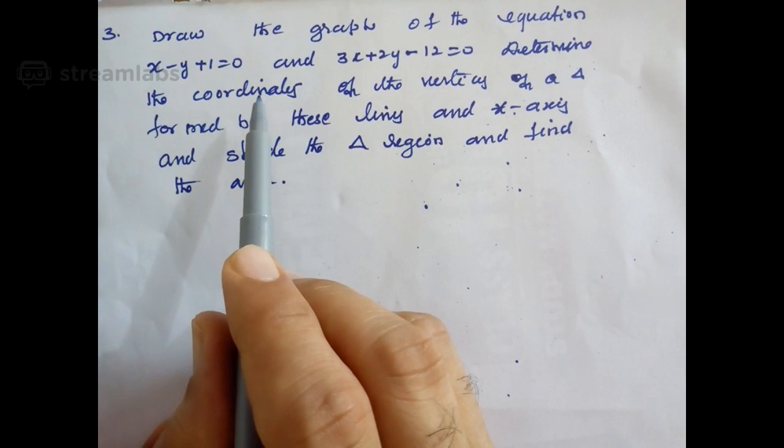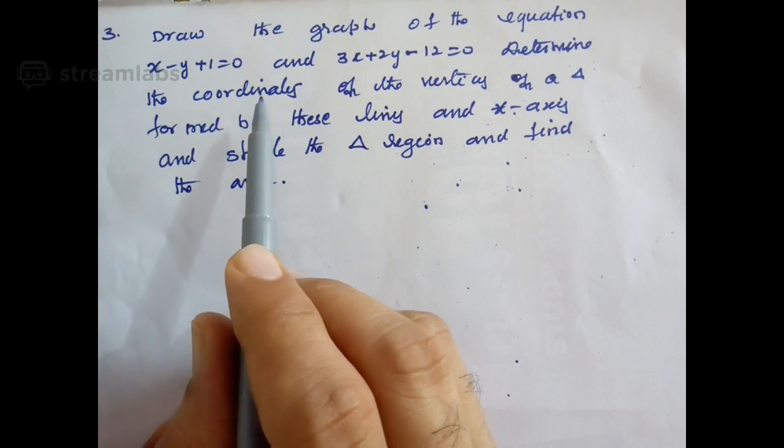Draw the graph of the equation x minus y plus 1 is equal to 0 and 3x plus 2y minus 12 is equal to 0.